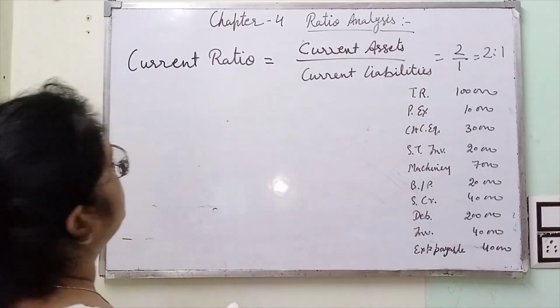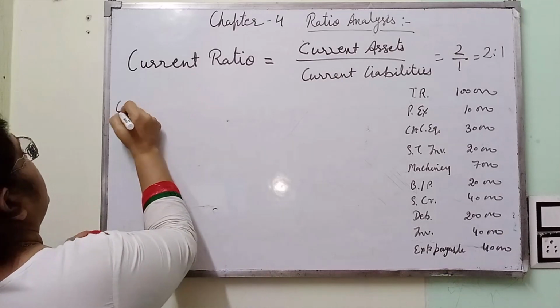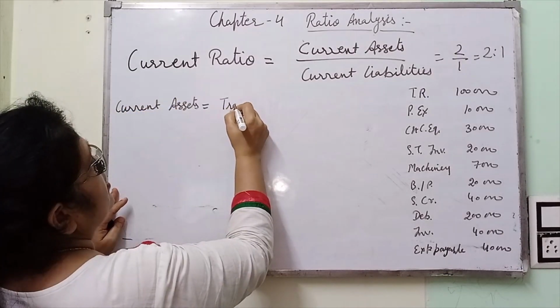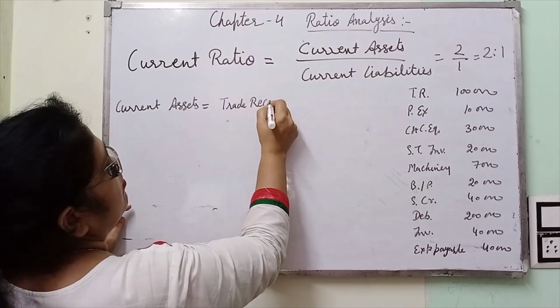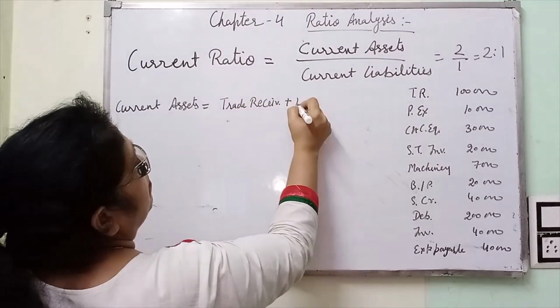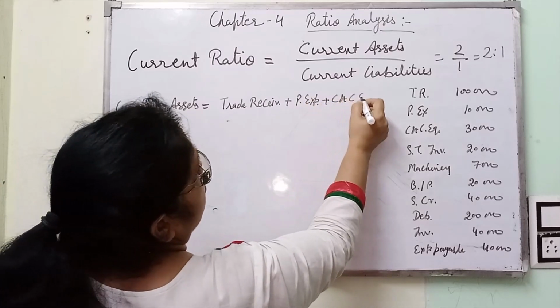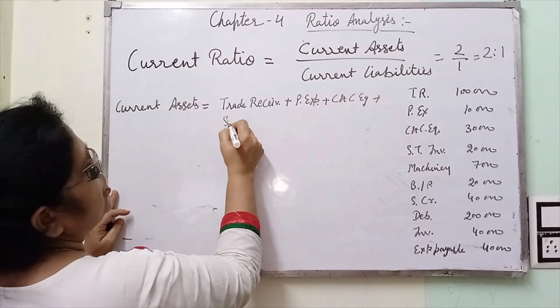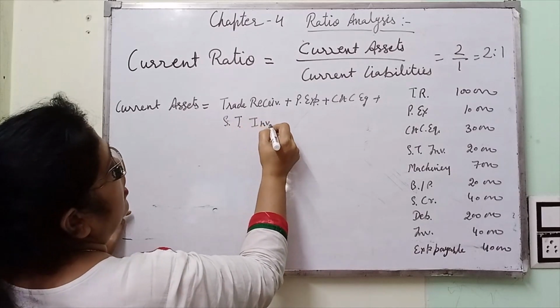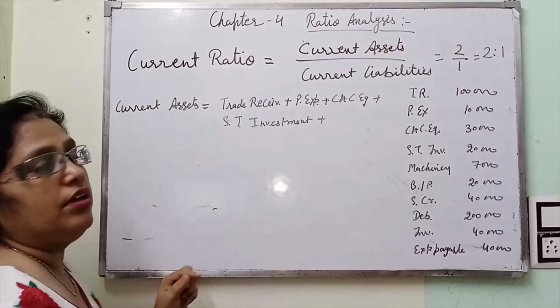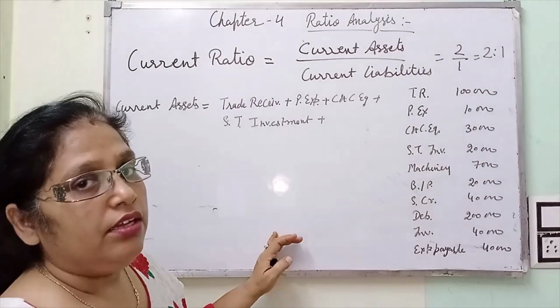Now with the help of the question, first of all we have to calculate current assets. First, trade receivable is given, then prepaid expenses are given, then cash and cash equivalents are given. After this, short term investments are given. After this, machinery is given, but machinery is not a current asset, that is a fixed asset.